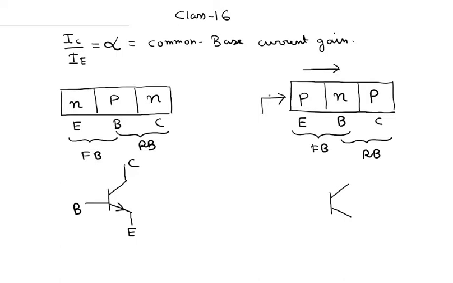Since current is flowing into the emitter, the arrow is directed inwards, opposite to the arrow direction for an NPN transistor. This is the emitter terminal, this is the collector terminal, and this is the base terminal.